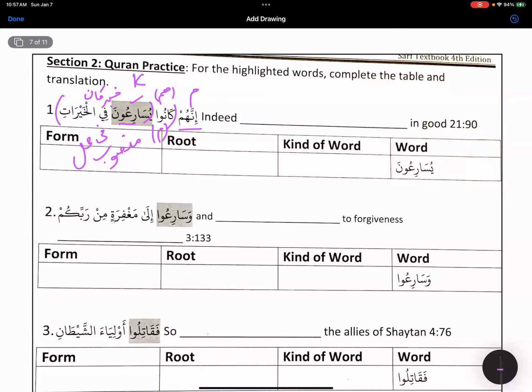It is related to yusariuna, the fail. So that should be our MBF. Jazakallah.